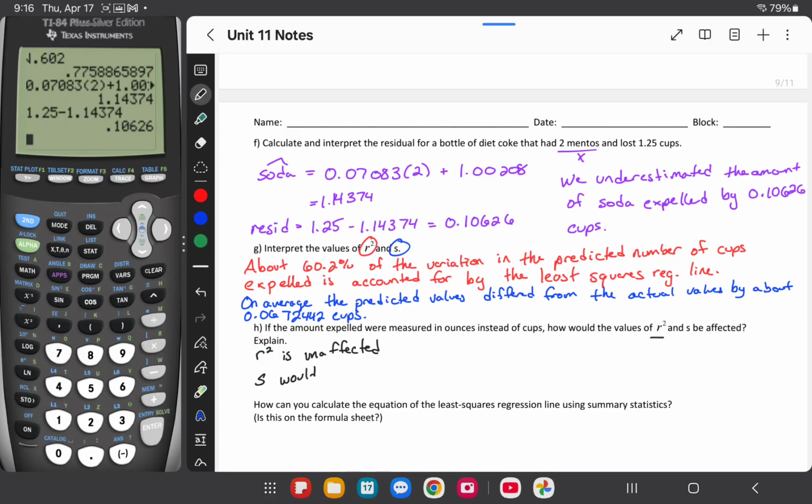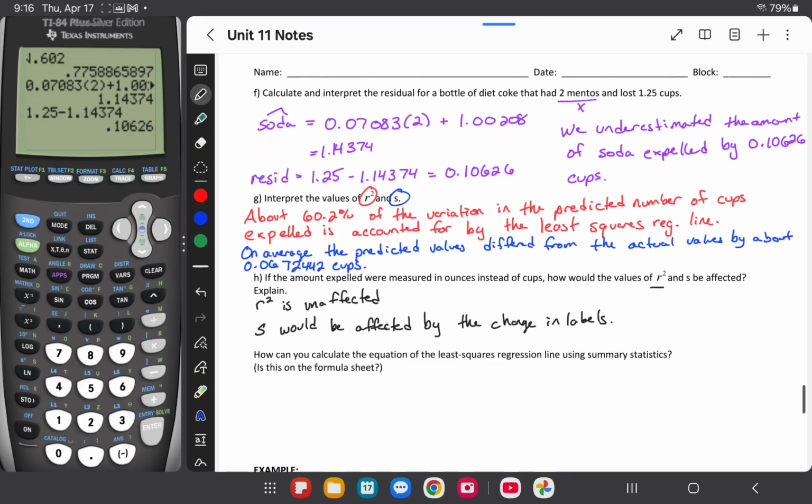S would be affected by the change in labels. That's because S is something that has a label. In this case, S is your average distance from the regression line, which was 0.067 cups. So when I change that from cups to ounces, that's going to also change my standard deviation of my residuals. So S would definitely be affected.